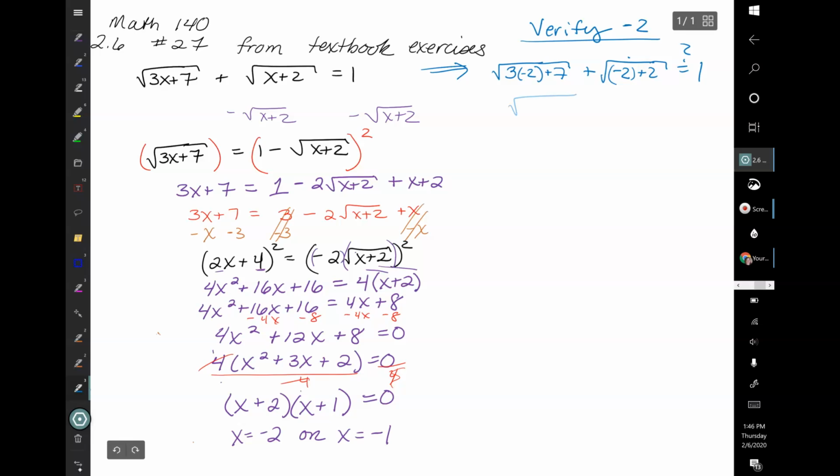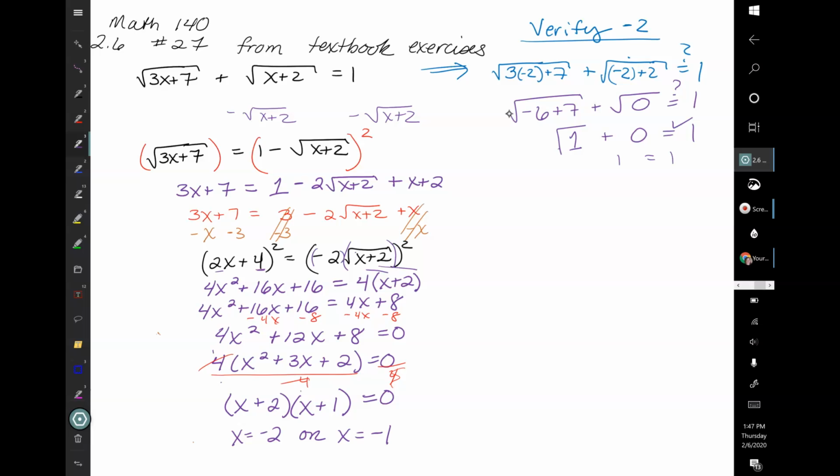So I would get the square root of negative 6 plus 7. Oh, my pen's not working today. So I have negative 6 plus 7 under the square root on the first one, and then square root of 0 that I'm adding on. Is that equal to 1? And I do end up with square root of 1, which is 1, plus square root of 0, which is 0, and that does in fact equal 1. So the negative 2 definitely works.